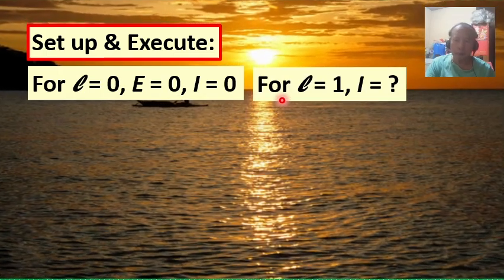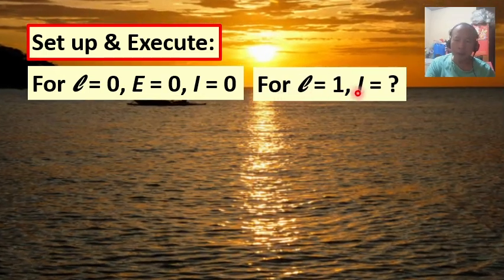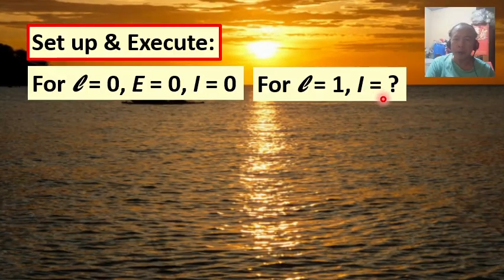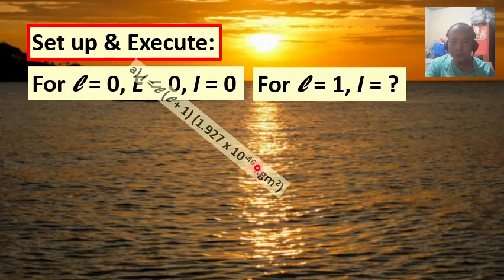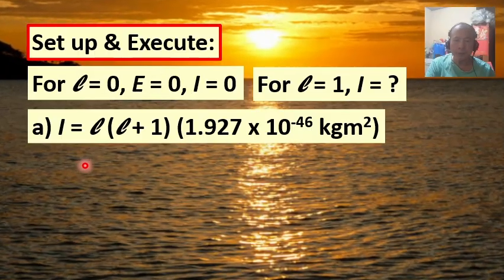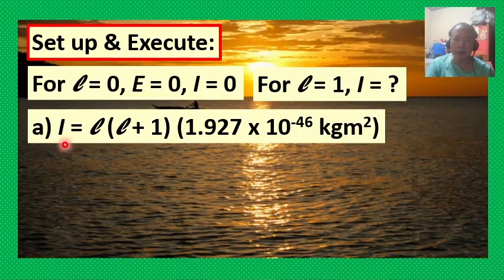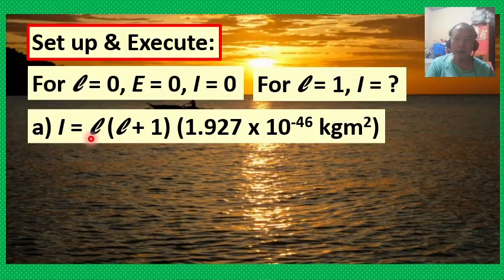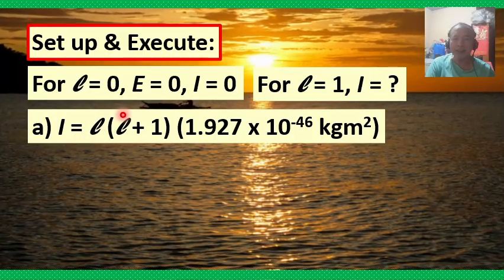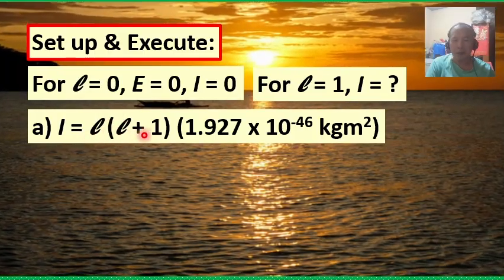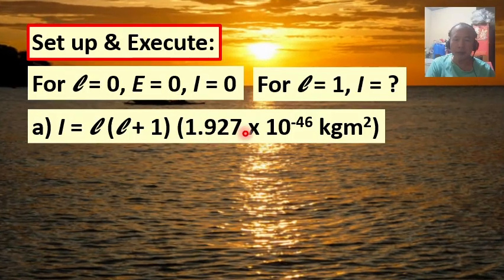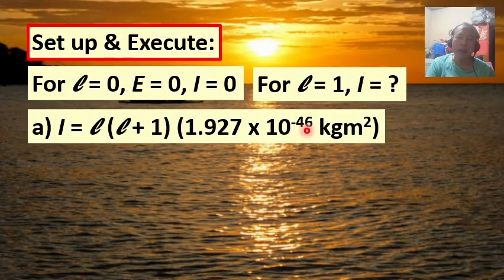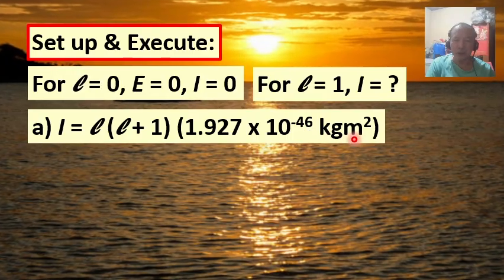For small letter l equals 1, we need to compute the value of the moment of inertia capital I. That is, capital I equals small letter l times quantity small letter l plus 1 multiplied by 1.927 times 10 raised to the negative 46 kilogram meter squared.